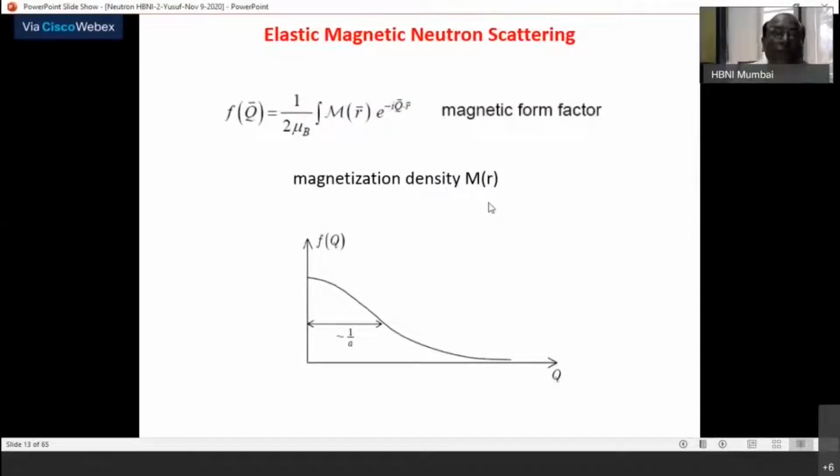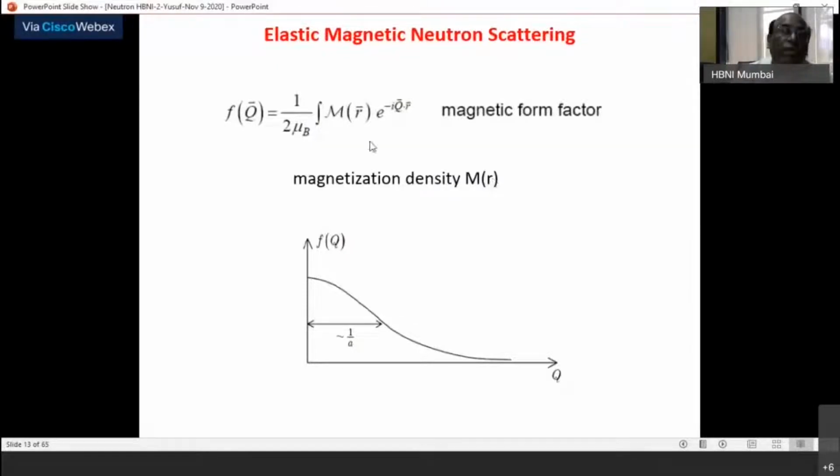That means you are really looking at an atom or ion which is magnetic and looking at the magnetization density due to, let us say, if you are talking about iron, Fe pure or Fe2 plus, you are looking at the 3d shell. What is the magnetization density distribution in real space?